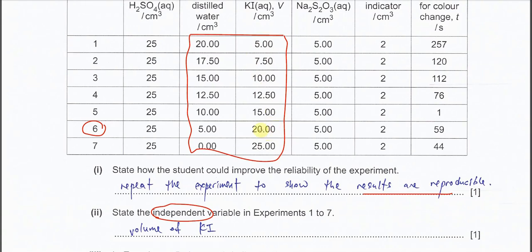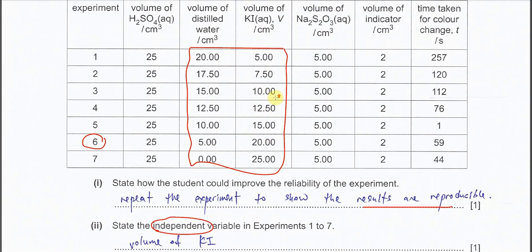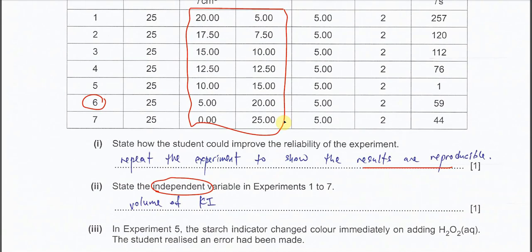Okay, after we change it, then the time taken will change too, right? But in this part it asks for the independent variable, meaning the one that we can change, so it's obviously the volume of KI.